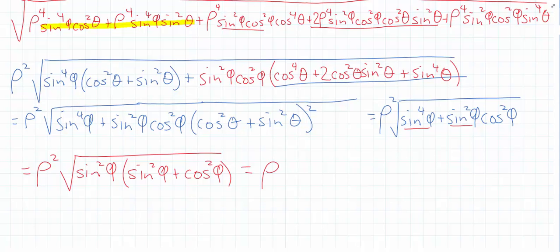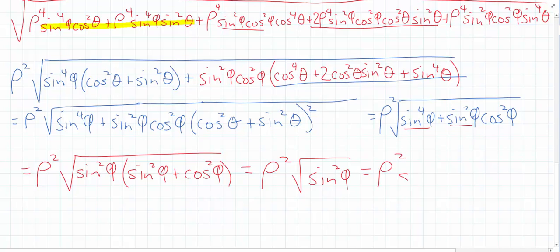Now it looks like I just have rho squared sine squared phi, because sine squared phi plus cosine squared phi is just 1. Now, we're dealing with a phi between 0 and pi. Sine is positive in that interval, so I can just immediately write this as rho squared sine phi. Now, that's what I want to integrate.